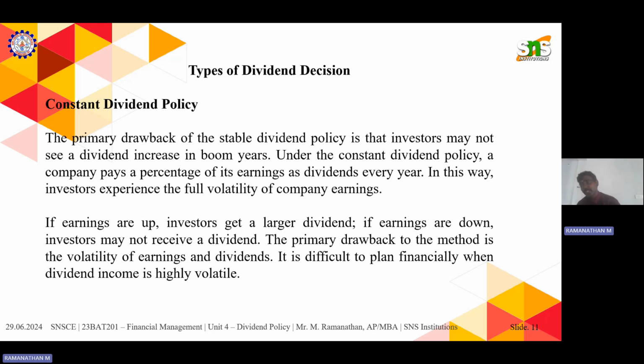At a certain point, in one or two years, if the profit is not there, the dividend won't be given. In the stable dividend policy, a minimum amount of dividend is given. Here, based on the net profit, it will be given. That is the constant dividend policy.